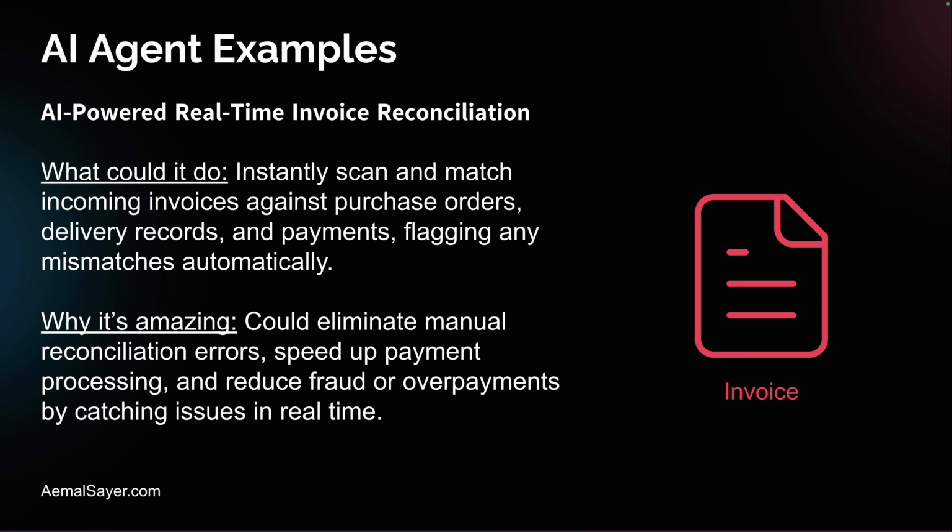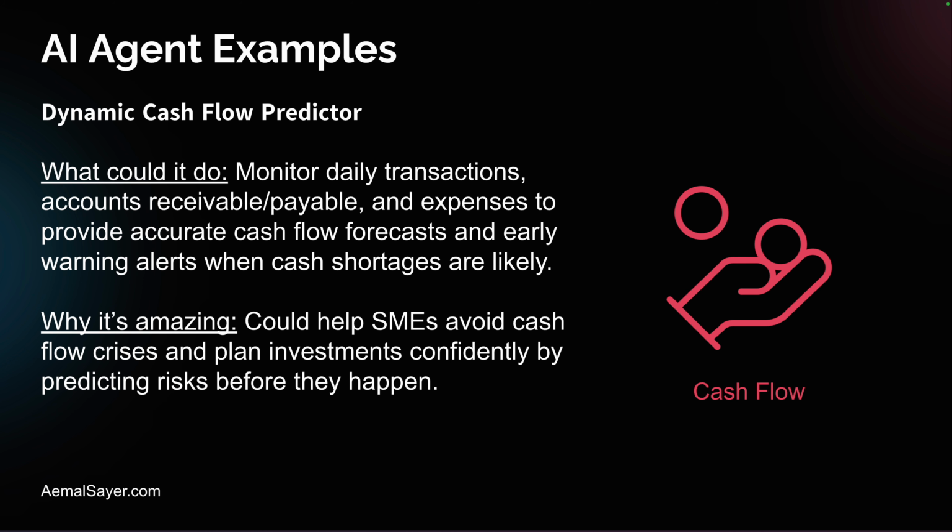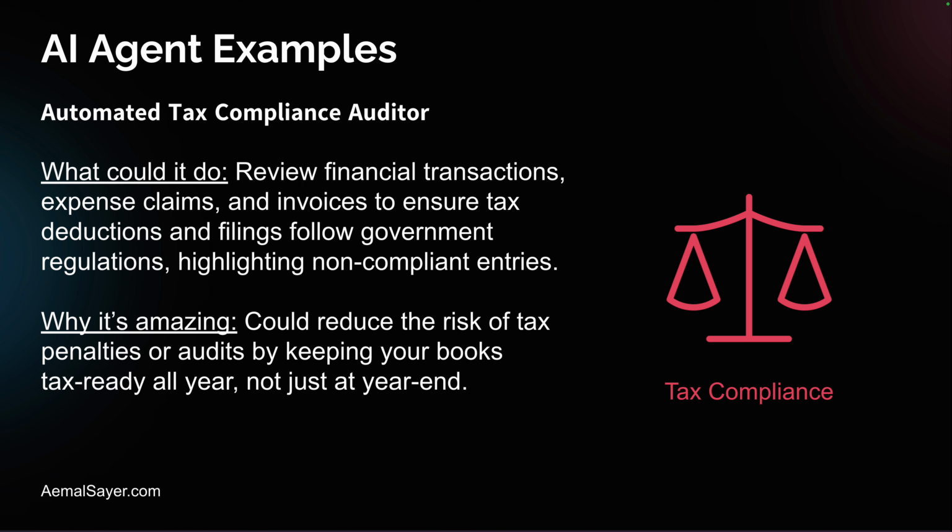Some examples of that could be a real-time invoice reconciliation. This is something that I personally am super passionate about. Accounting invoice reconciliation is a good example of AI agents happening. A dynamic cash flow predictor, monitoring the expenses, monitoring the accounts receivables and payables, and managing expenses in the accounting field, an AI agent can perform very well.